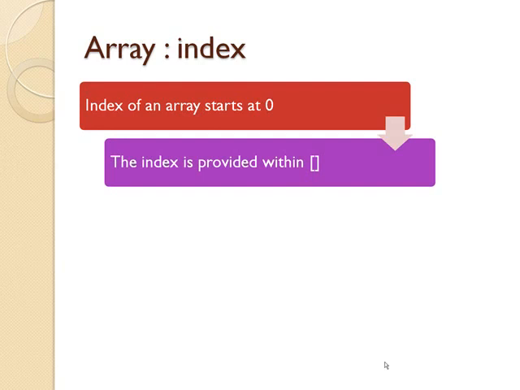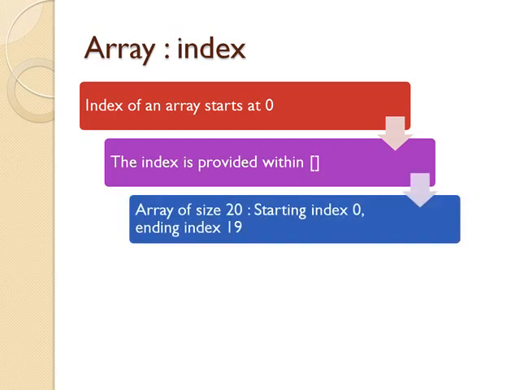As I have said, when we are trying to access the elements from an array, we need to provide the name of the array and then within brackets the index. If we have an array of size 20, the starting index would be 0. That means the starting index of an array is always 0, and the ending index would be 19 if the array size is 20.